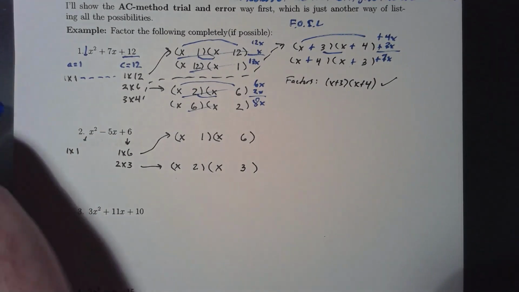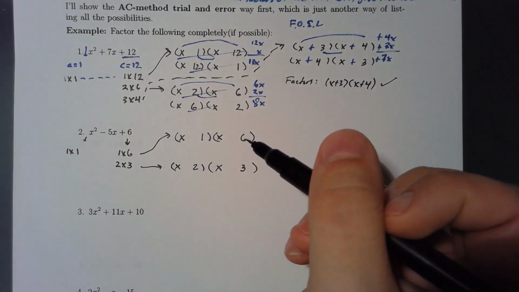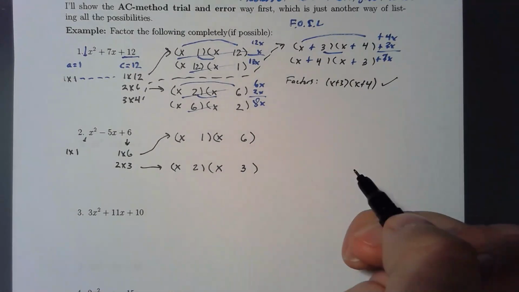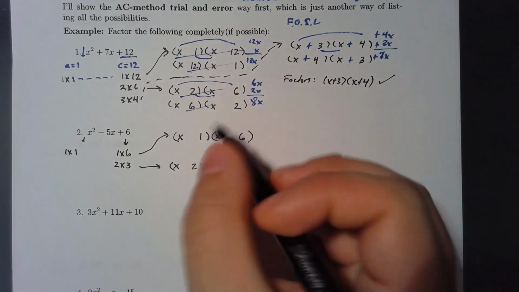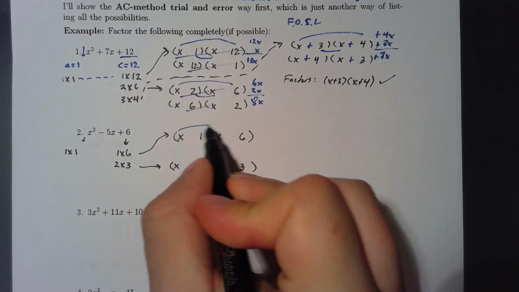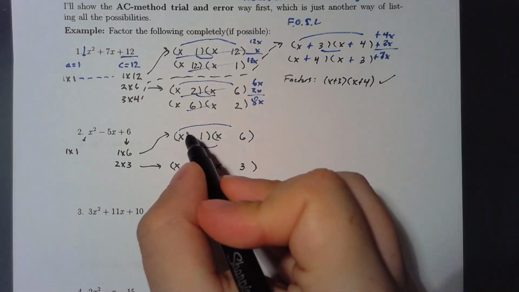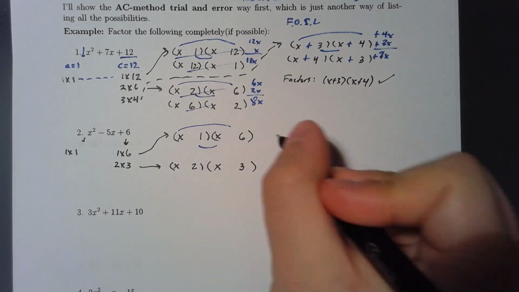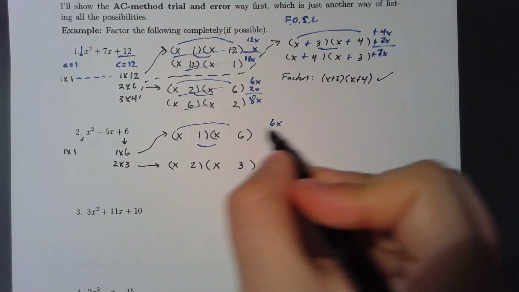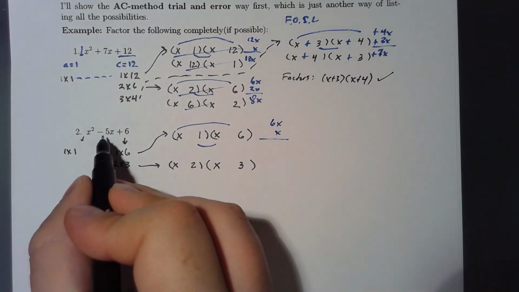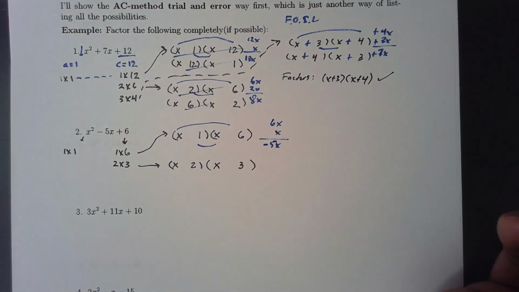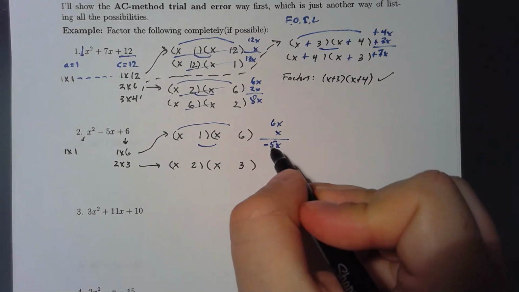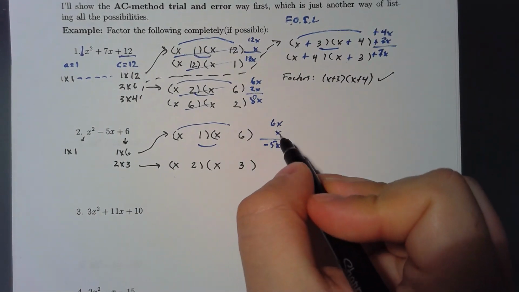Well, if I look here, both of them could give me -5. So if I do outside, inside here, x times 6, that's 6x. 1 times x is x. I need to get -5x. So how do I get -5x from this arrangement?